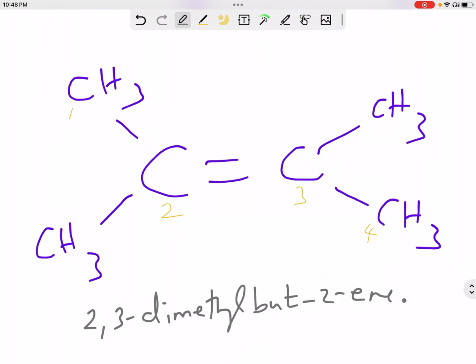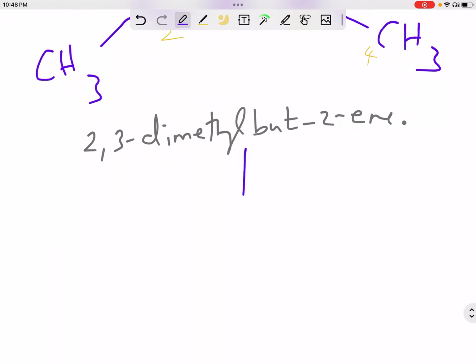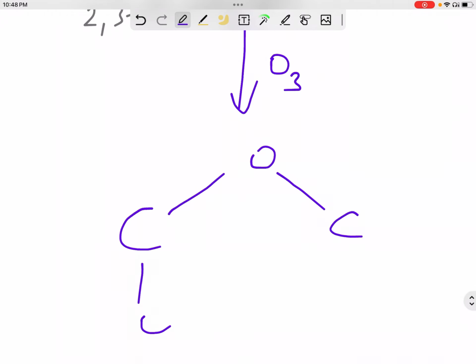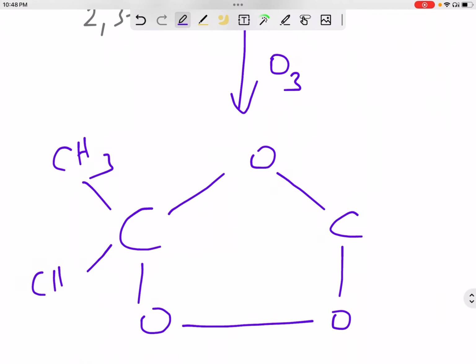Now this is your starting material and we are doing this ozonolysis using ozone. Ozone is a poison, it's a dense gas, which when it reacts with this alkene, such an ozonoid will be obtained.